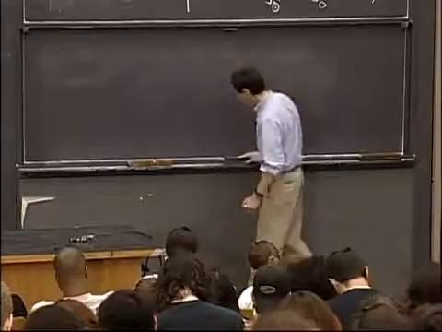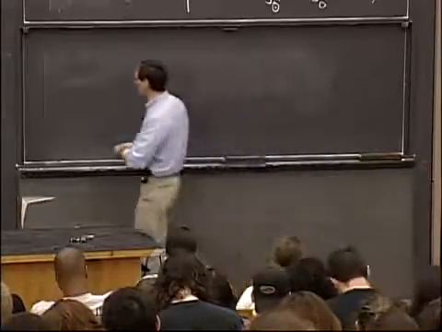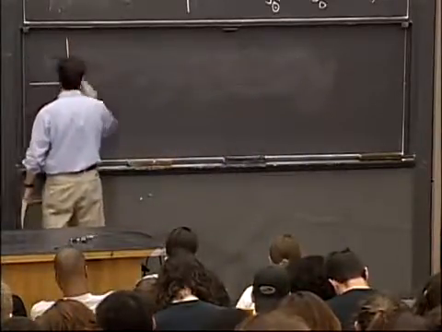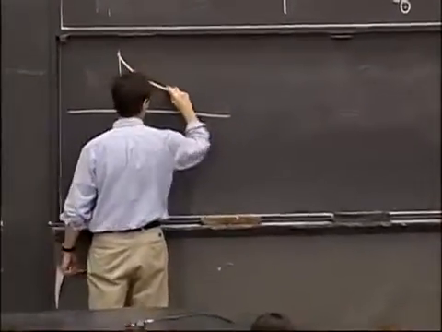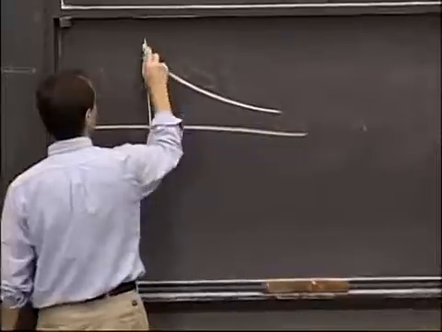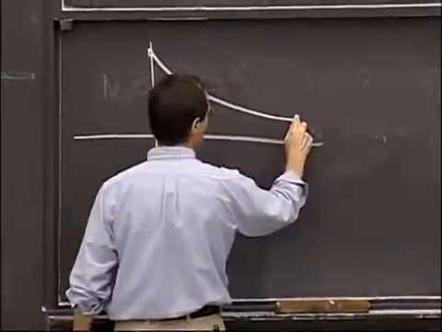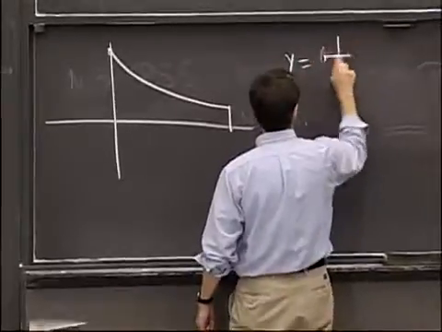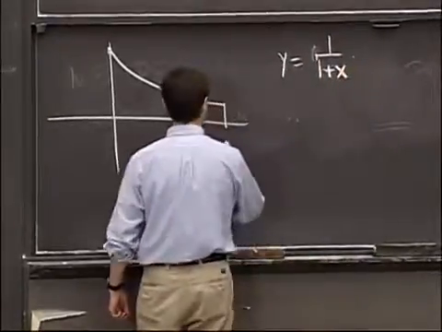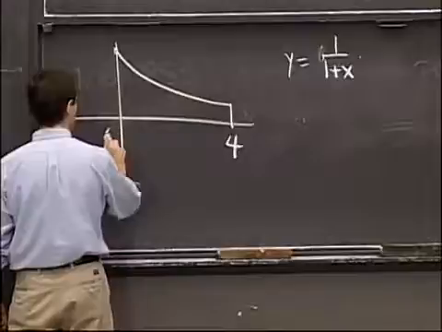But now let me show you what this looks like geometrically. So geometrically, we interpret this as the area under a curve. Here's the piece of the curve y equals 1 over 1 plus x, and it's going up to 4 and starting at 0 here.